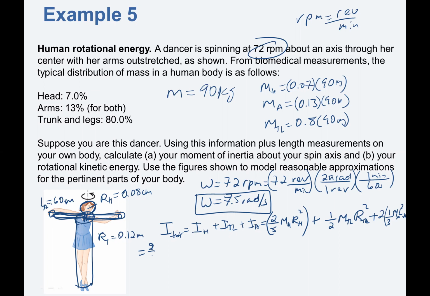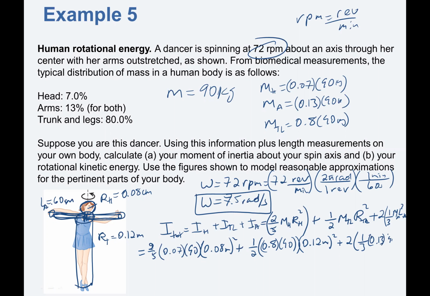Anyway, let's do that. So 2/5 mass of head will be 0.07 times 90 times its size, 0.08 meters squared, plus 1/2 the mass of the trunk and legs, which will be 0.8 times 90, times the radius squared, which is 0.12 meters squared, plus 2 times 1/3, and we said the mass of the arms is 0.13 times 90, times the length, which is 0.6 meters, 0.6 squared.